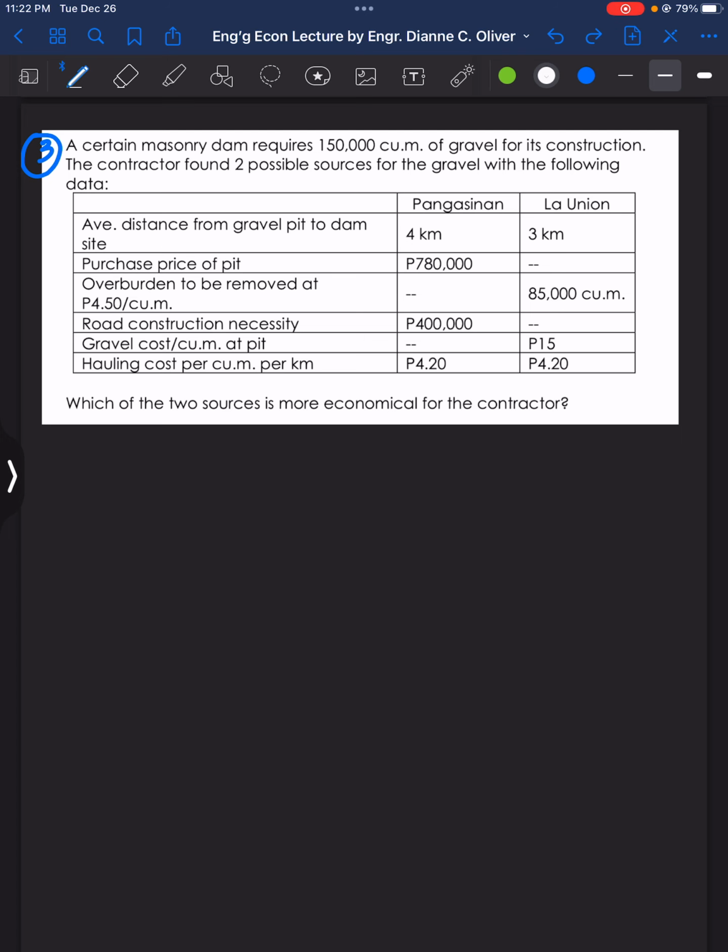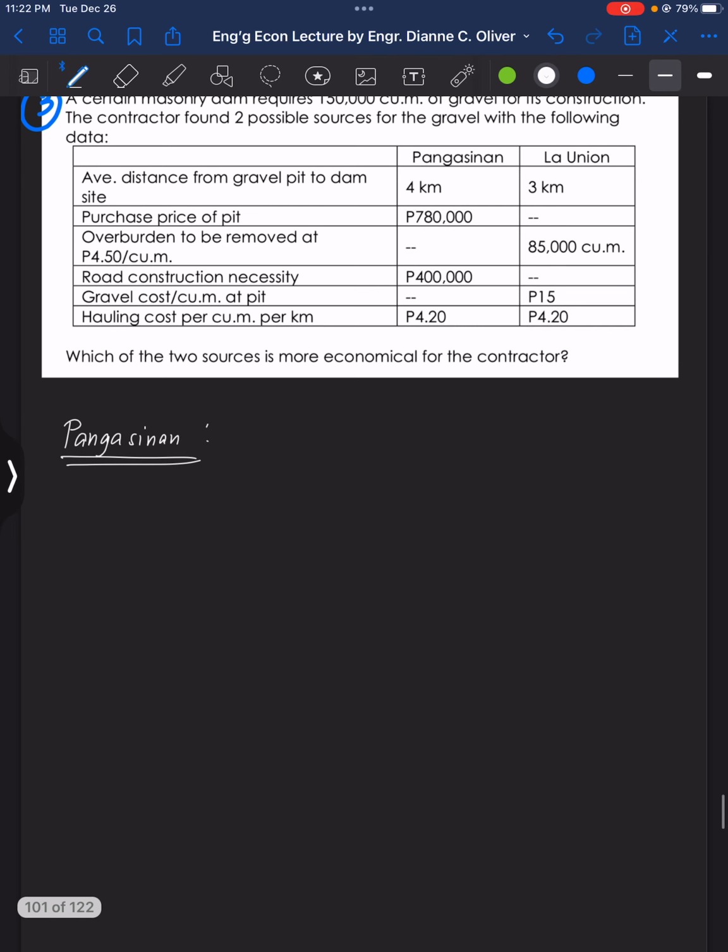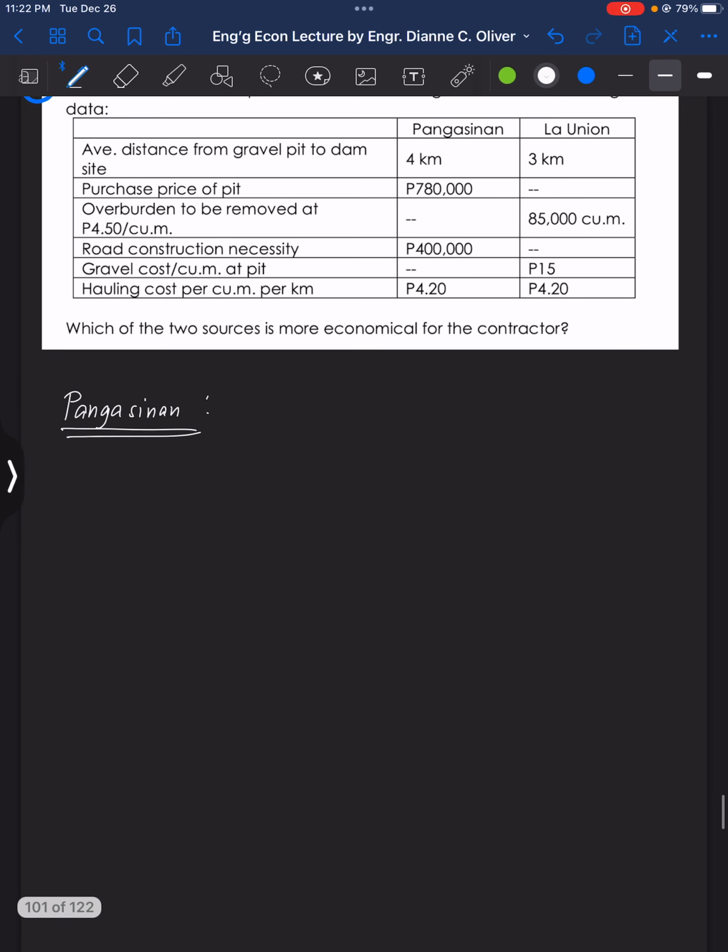So the only solution here is to determine the total cost in choosing the site. So for the Pangasinan site, it has the purchase price, that is a fixed price.